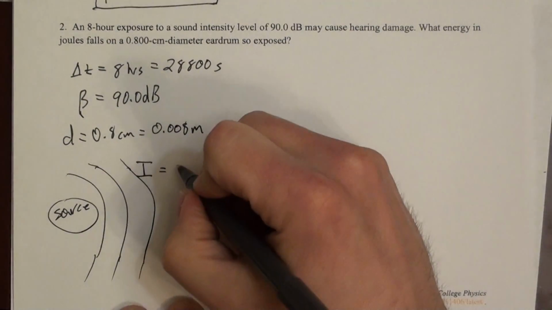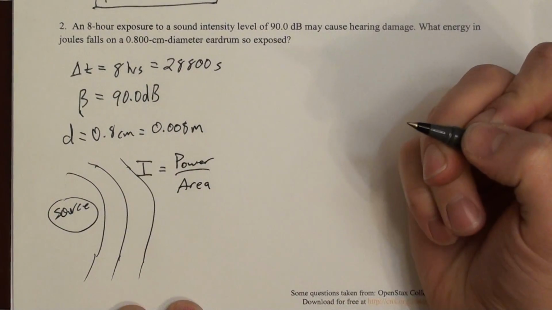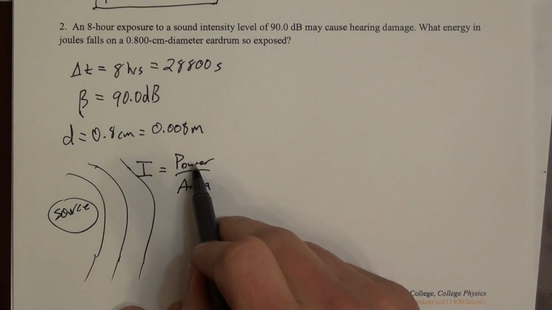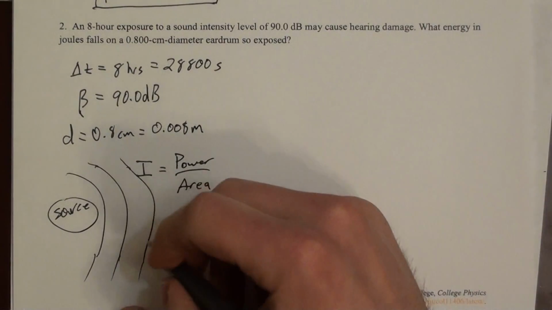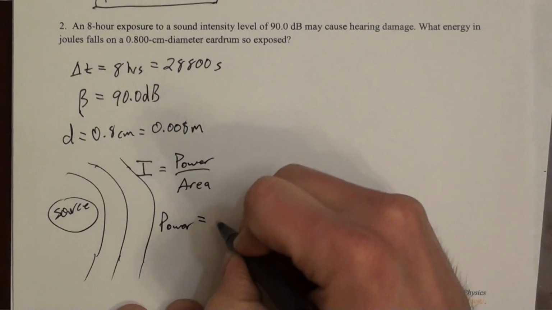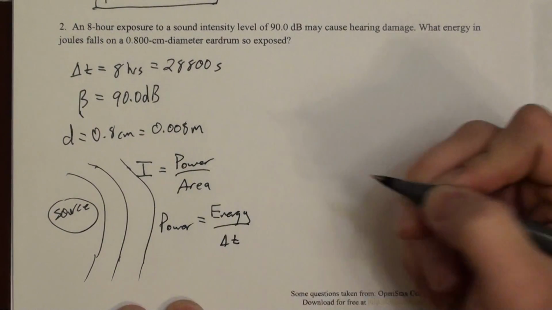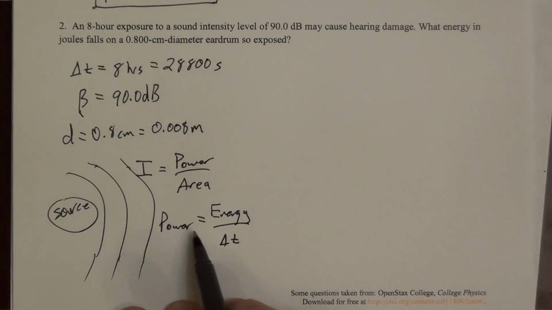But intensity is also equal to power divided by area. So if I know an intensity, I could get to a power from that. So I should also think power is energy divided by an amount of time that it takes to deliver that energy. So if I knew the power, then I could get the energy, and that's what I'm solving for. Ultimately, I'd like to know this energy.